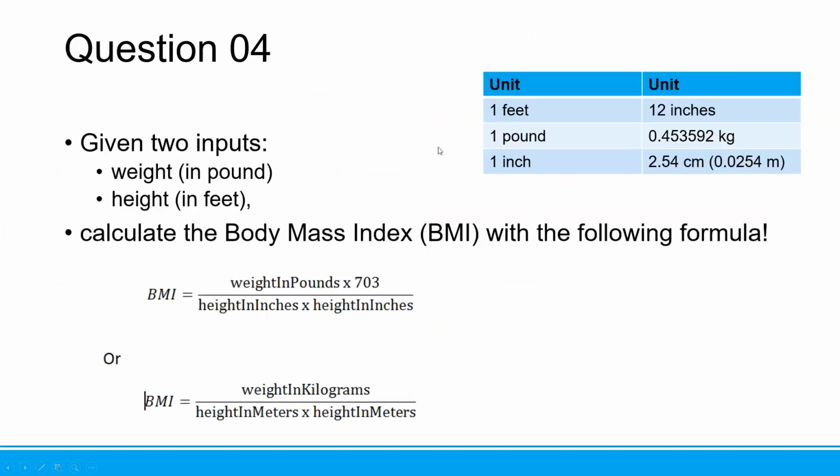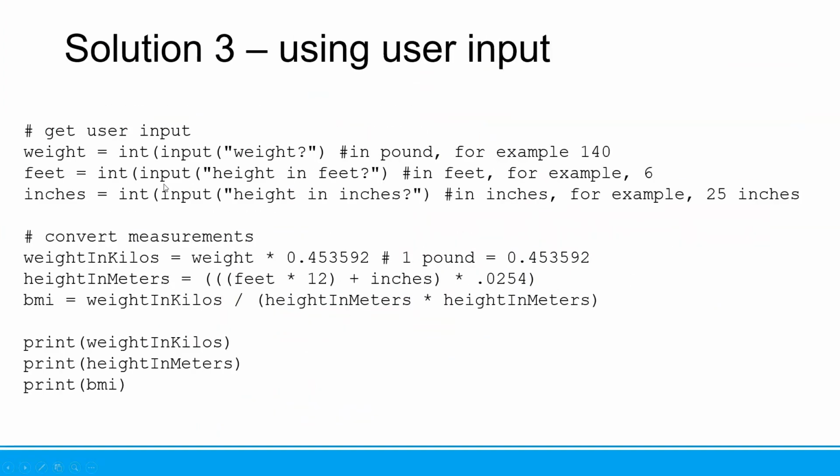Based on the formula, 1 inch is 2.54 or 0.0254 meter. And based on the formula, we need to calculate the height in meters. So we multiply with 0.0254 and we can make the BMI formula. The BMI formula will be weight in kilos divided by height in meters multiply height in meters.